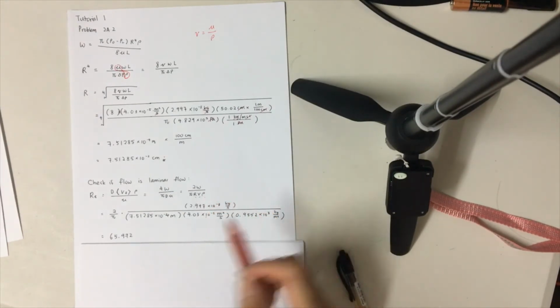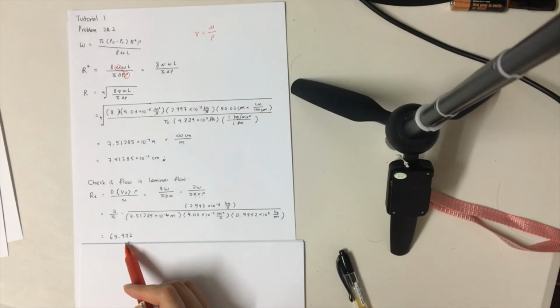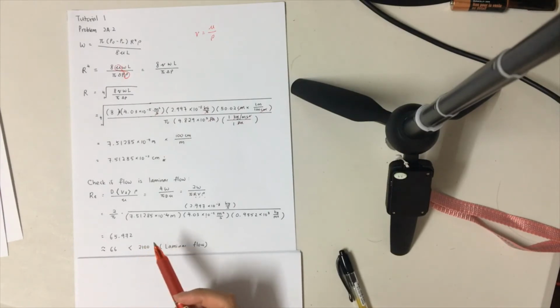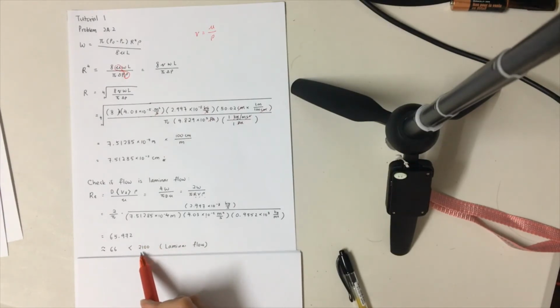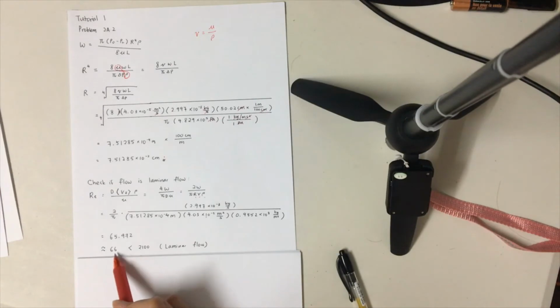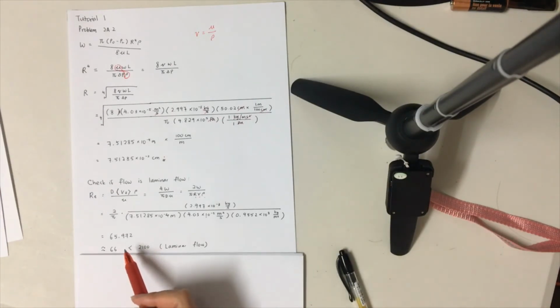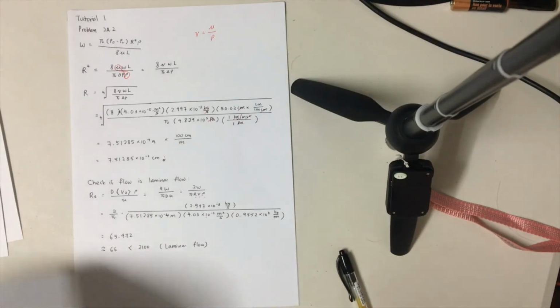Then we will get 65.972, so it is about 66. For laminar flow, the Reynolds number should be less than 2100. Since it is 66, this is confirmed a laminar flow.